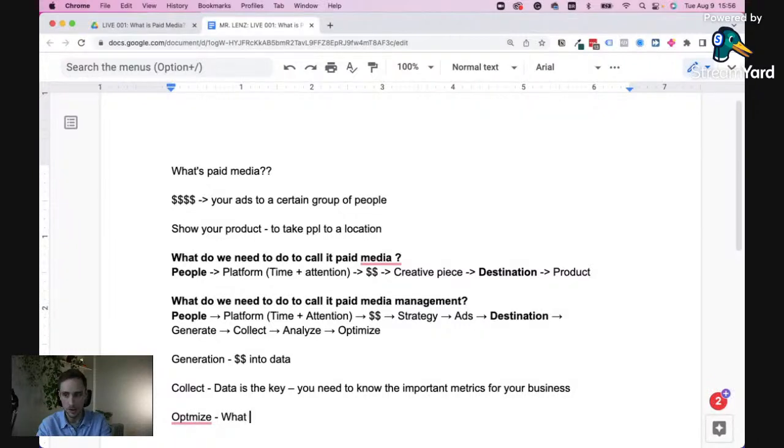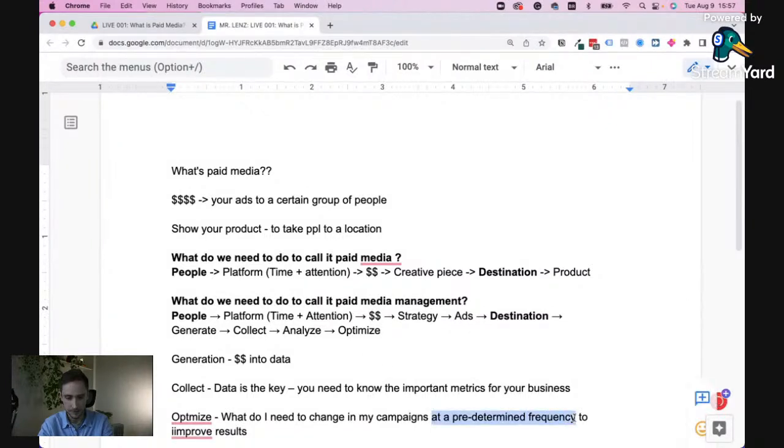So it's what do I need to change in my campaigns at a predetermined frequency to improve results. This is key here.